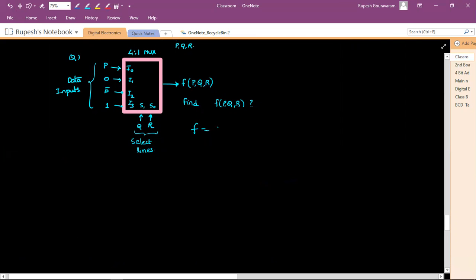In the given question, f is m naught I naught plus m1 I1 plus m2 I2 plus m3 I3. Now, m naught is what? It is represented as select lines. M naught is the select line q bar r bar, meaning q0 r0, where 0 is represented as bars.